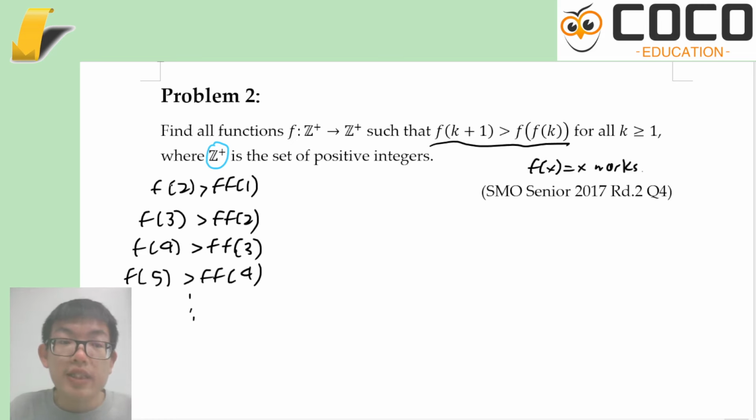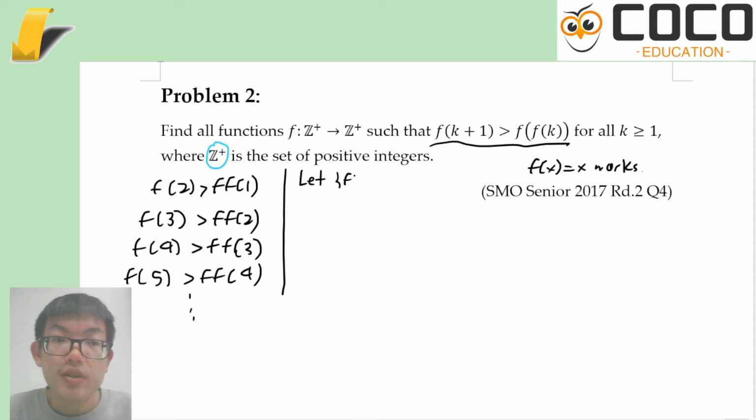Now I'm looking at this here, and my idea is that in the set of things in the range, there must be a minimum.